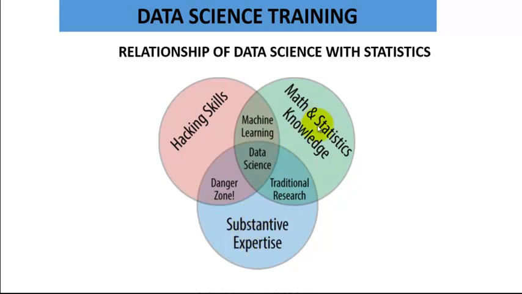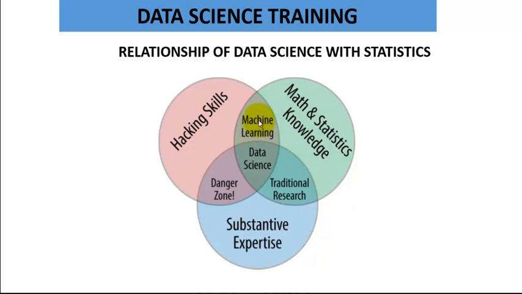Now, when you combine statistics with your domain, you can do traditional research, like inferential statistics, ANOVA, and some other analysis. When you combine hacking skill with your expertise, they call it the danger zone. I don't know why. What is dangerous in that? Okay. Now let's come up here. When you combine computing skill, or what I call hacking skill, with knowledge of mathematics and statistics, that results in machine learning.